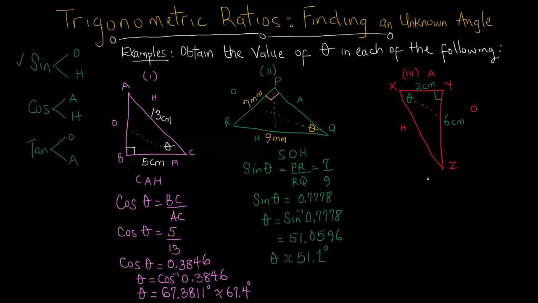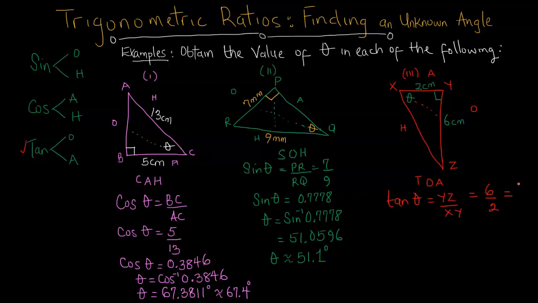So we've got the opposite and the adjacent. Looking across all three, we would see that the tan makes the cut. Thus, the tan of the angle theta is going to be equal to the ratio of the opposite, that's YZ, over the adjacent, that's XY. YZ has a value of 6, XY has a value of 2.